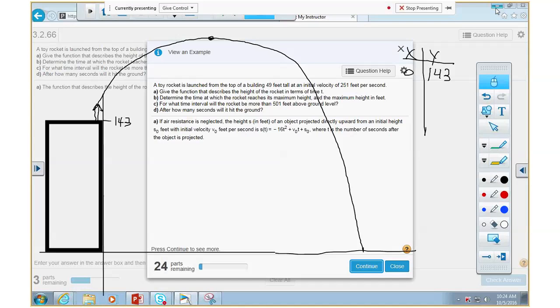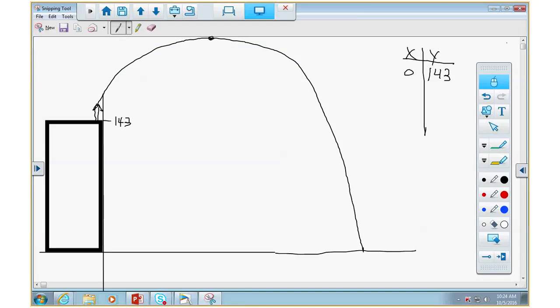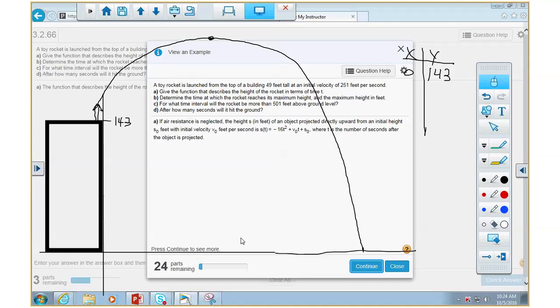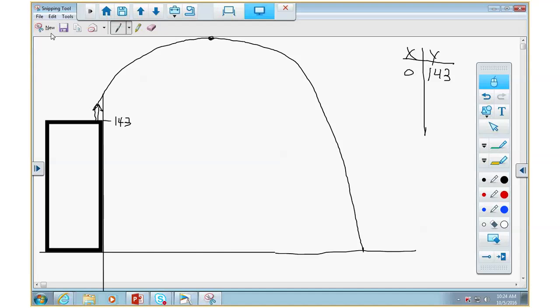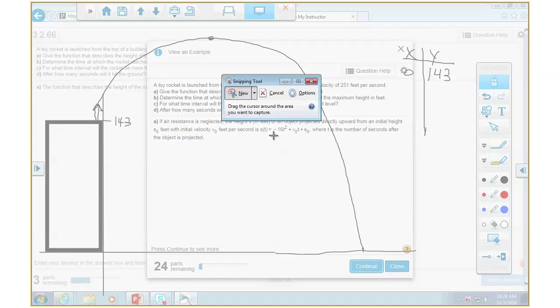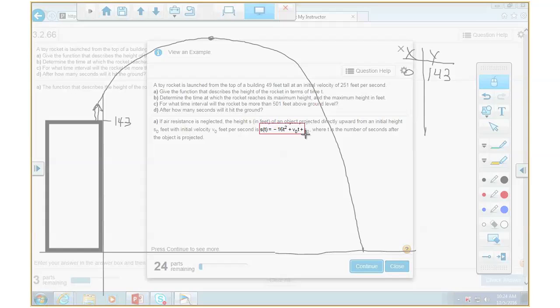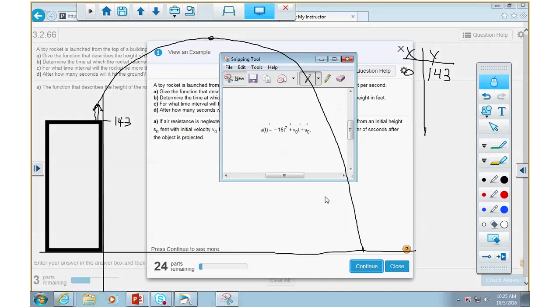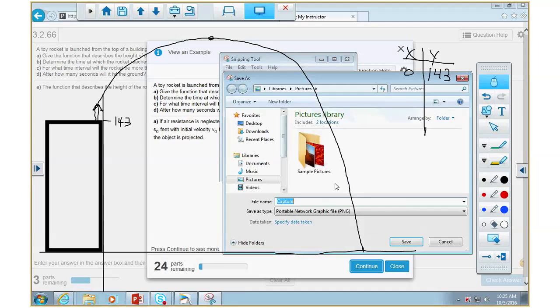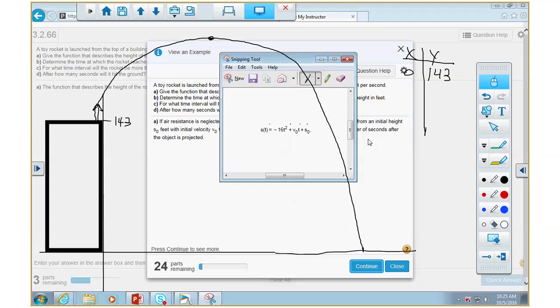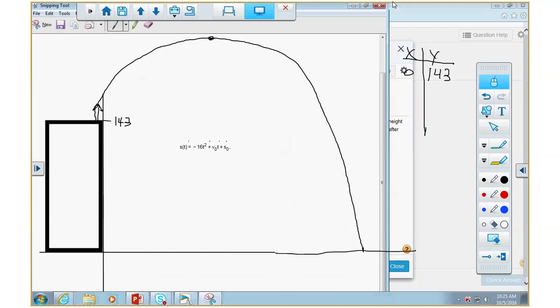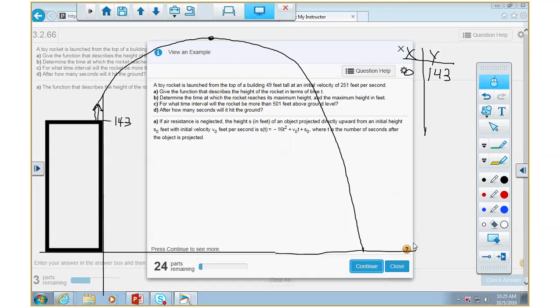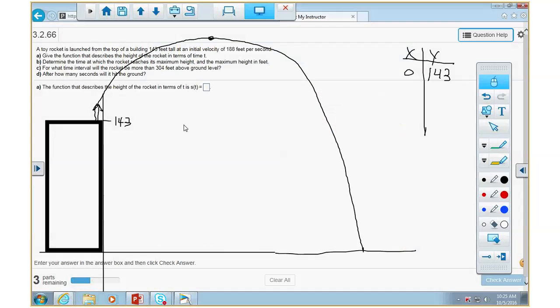I'm trying to find, if y'all just bear with me, I'm trying to work this snipping tool, and every time, there we go. All right, that's the formula you need to know. So I'm going to bring it in, and I'm going to put it over here.